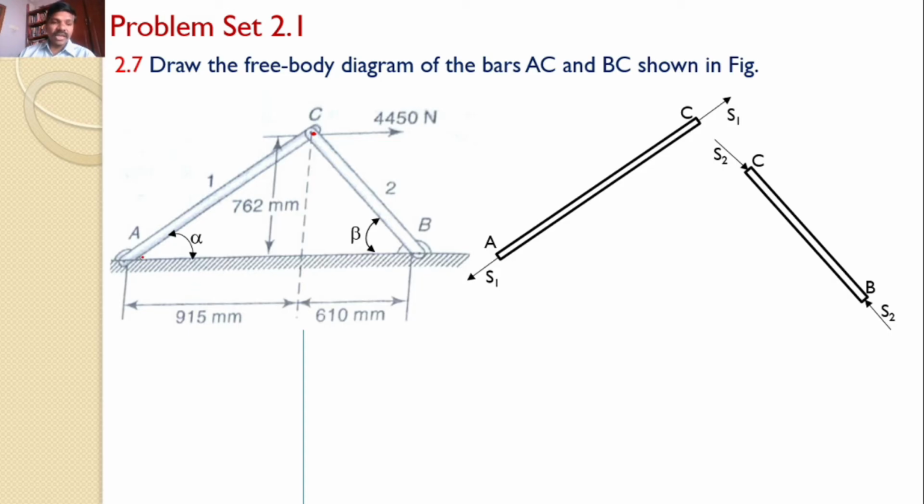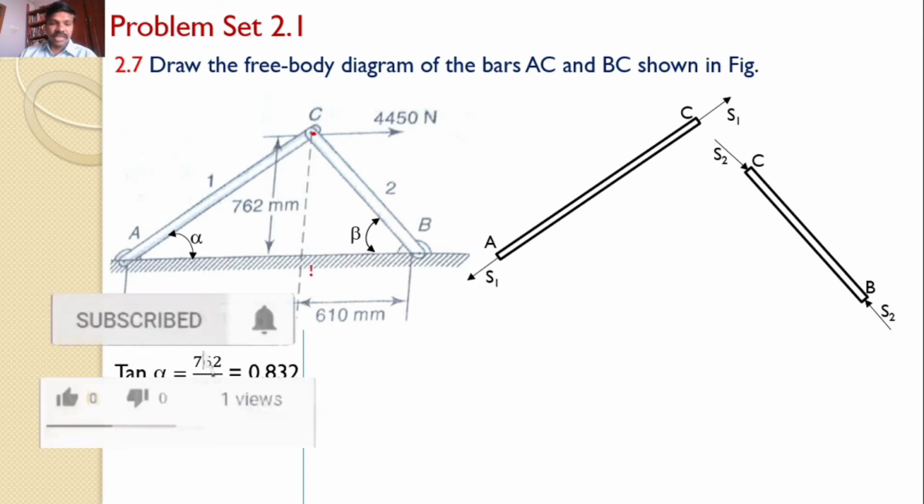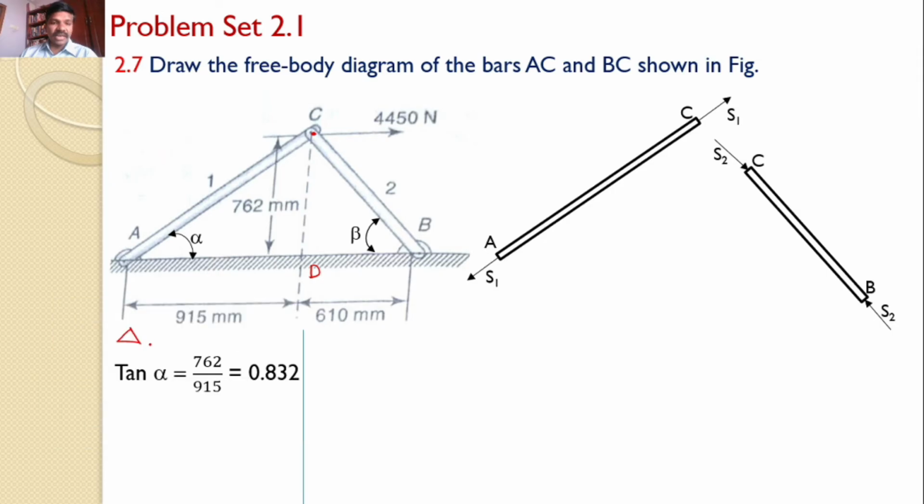Now from the right angle triangle AC, let us put a name here, D. So from the right angle triangle ACD, tan alpha is equal to 762 by 915, which is 0.832, or alpha is equal to 39.79 degrees.